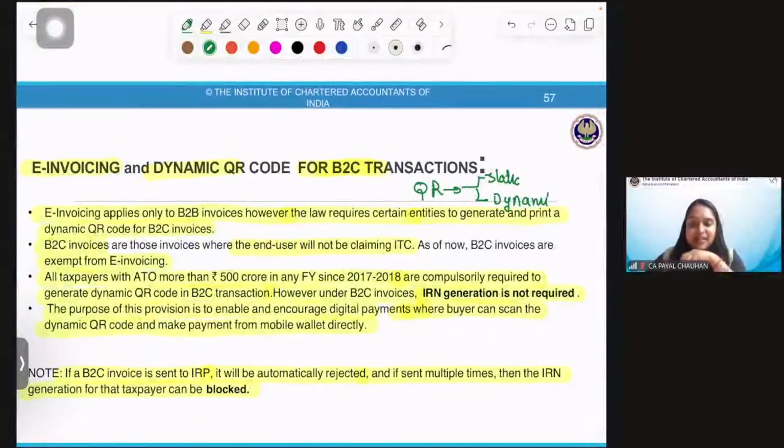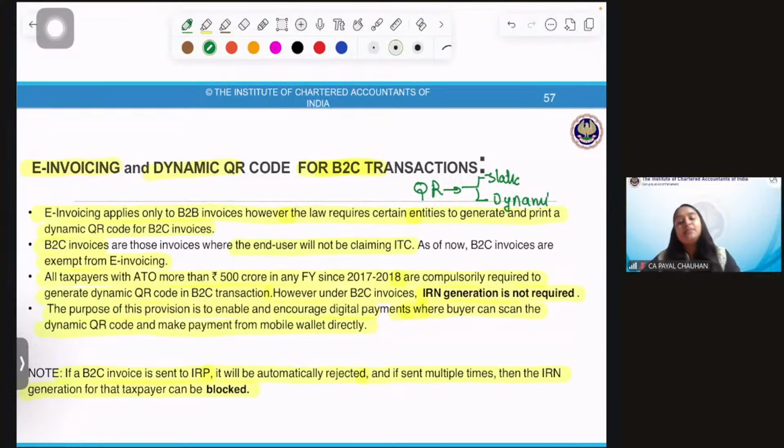For B2C transaction, is e-invoicing compulsory? No. But dynamic QR code, if I fulfill those limitations, then yes, dynamic QR code. What is the reason to give dynamic QR code? What is the main motive behind giving dynamic QR code to B2C transactions?